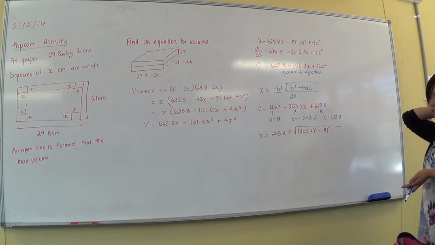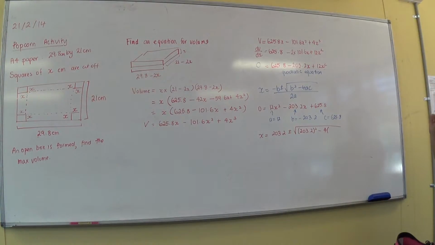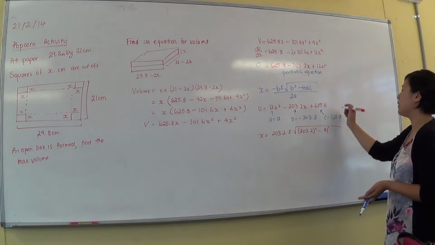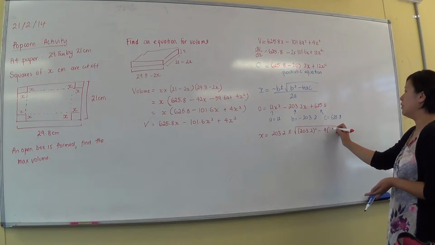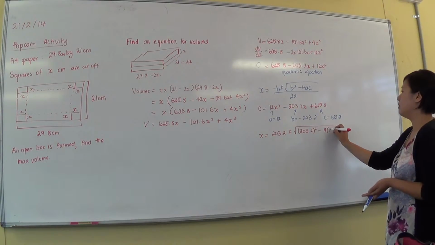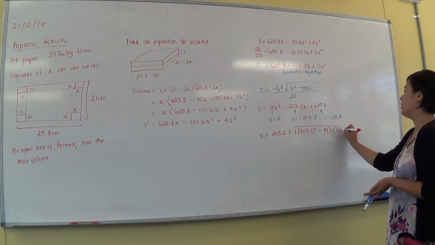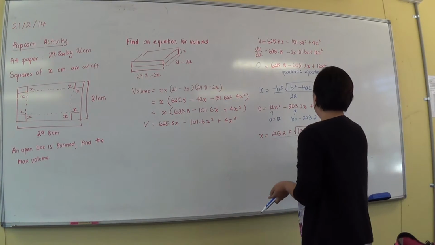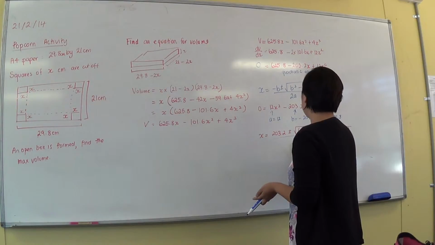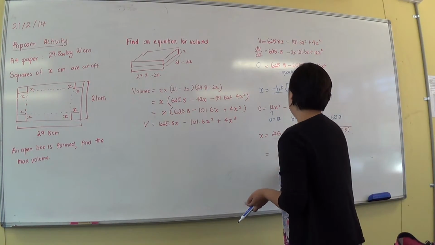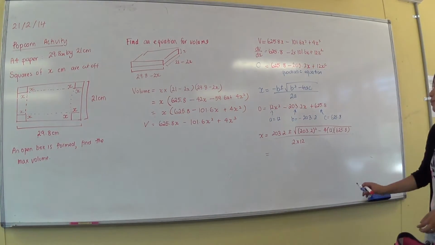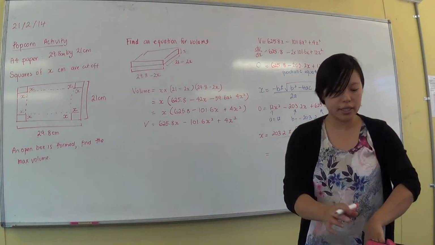Okay, substituting your a's, your b's, and your c's into the quadratic equation, we get this, all over 2 times 12.